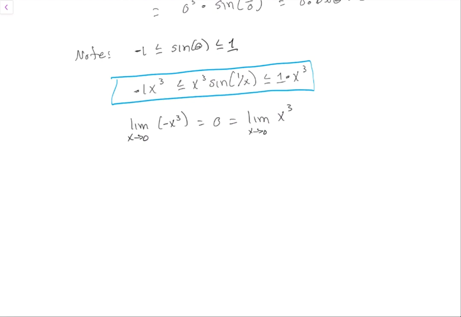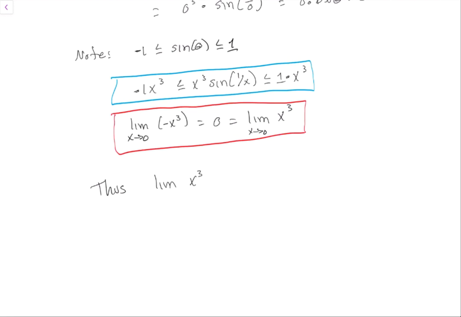We also can show quite easily that the lower bound and upper bound have the same limit. So we can conclude that the expression we were trying to find the limit of is equal to 0, by the squeeze theorem.